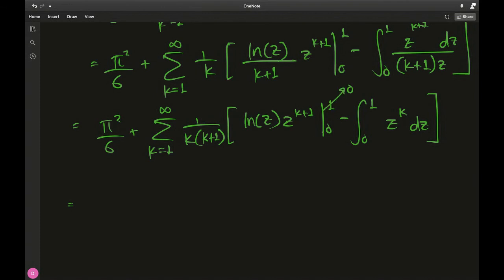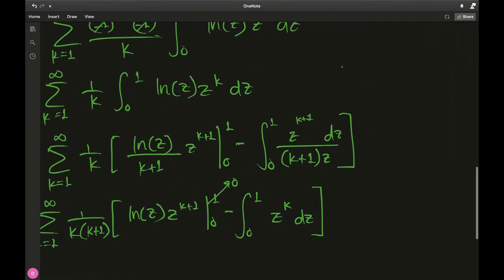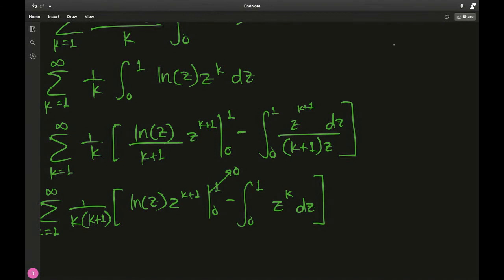And then when you plug in 0, you'll have a 0 times negative infinity situation. Natural log of 0 tends to negative infinity. And once you do all that L'Hopital mess, it's basically going to be natural log of z times z to the negative k negative 1.